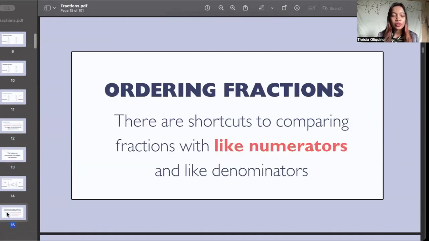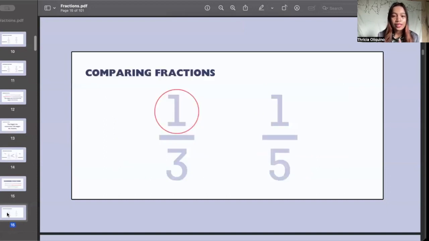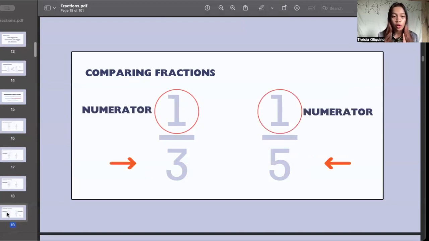But then when we are talking about fractions with like numerators, where we have to identify which one is bigger or which one is smaller, like this one, what do you see? They have the same numerator of 1. And when we have the same numerator of 1, what are we going to do?